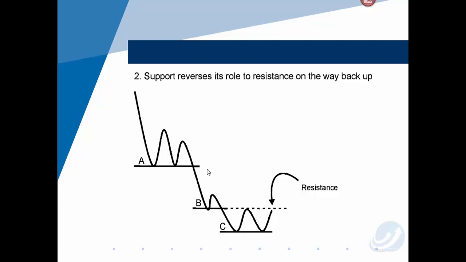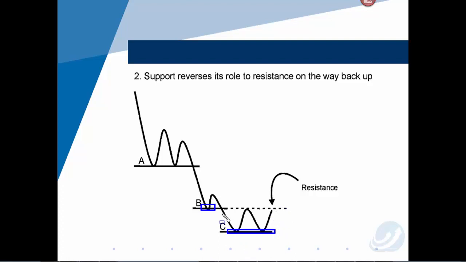And remember, I mentioned in the first module that we have to understand where we are in the price cycle or the trend cycle. So once price gets into this level at C, we can basically determine what's going to happen next. At this point, we have support. Now, past support is likely going to become future resistance. Past resistance is likely going to become future support.